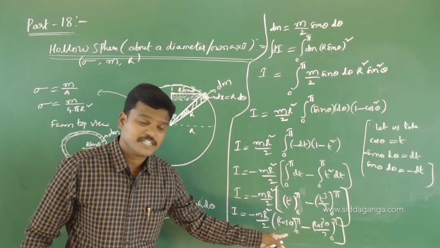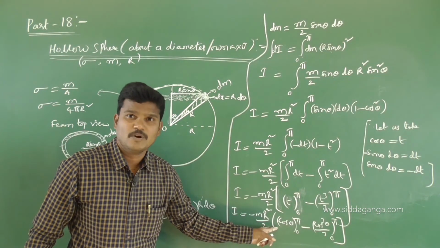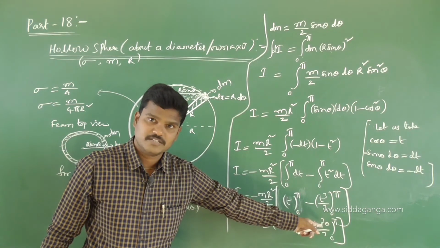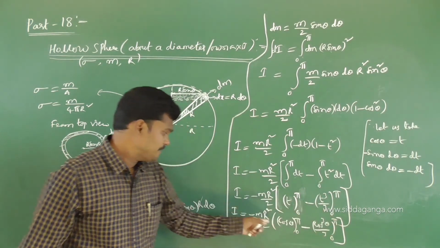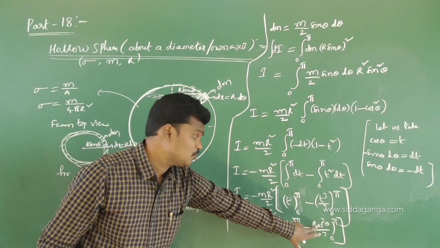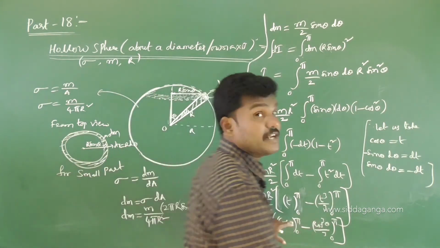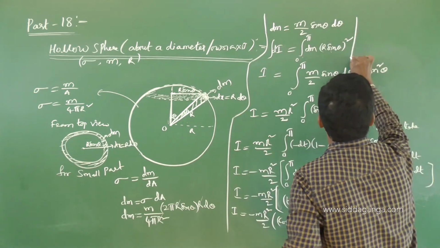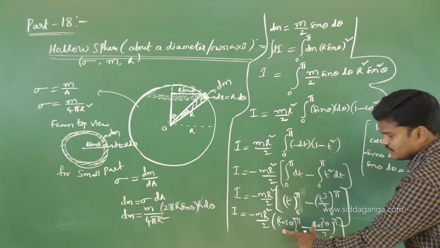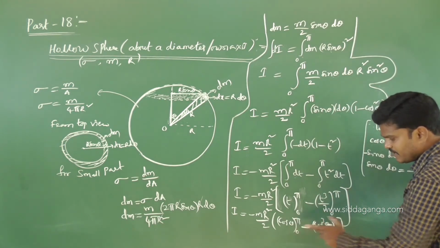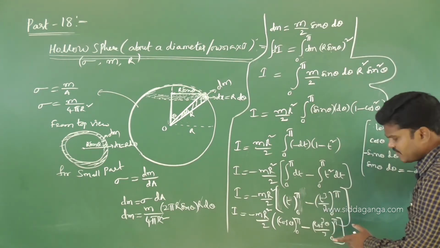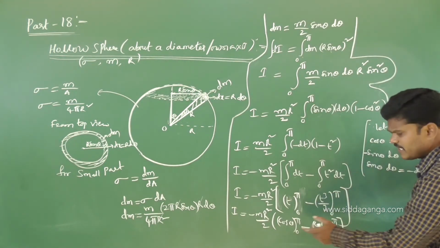Cos pi is minus 1, cos 0 is 1, so minus 2 will come, and for cos cube, the same thing, minus 1 and 1. If you substitute the upper and lower limits, cos cube pi is minus 1 minus cos cube 0, you will get minus 4 by 3.